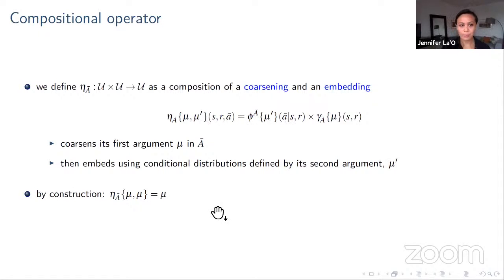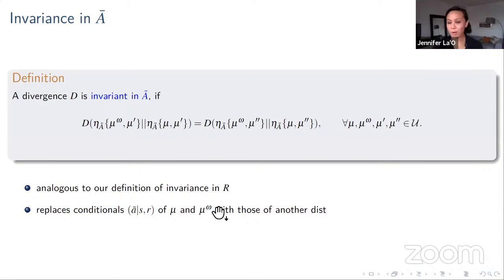And then, in the same way that we define invariance with respect to R, we can define invariance in A bar. We say that a divergence is invariant in A bar if this holds, which is simply saying that if the posterior and prior share the same common distribution of A bar conditional on S and R, then it doesn't matter for the divergence what that conditional distribution is.